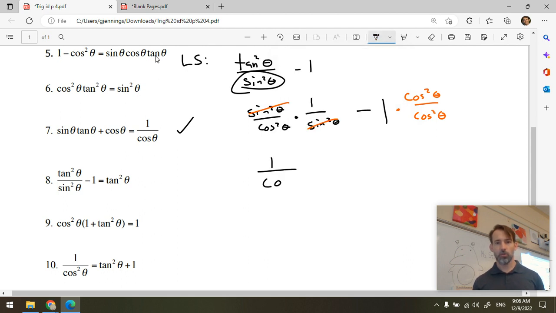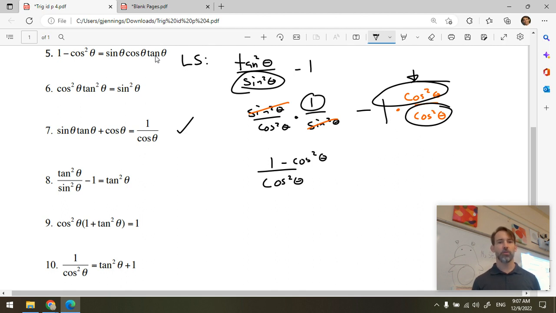This is 1 over cosine squared theta minus cosine squared theta. That's 1 times this, so that's on top. They have a common denominator, so it's 1 minus that. So that's what we get on top. 1 minus cosine squared theta happens to be sine squared theta.